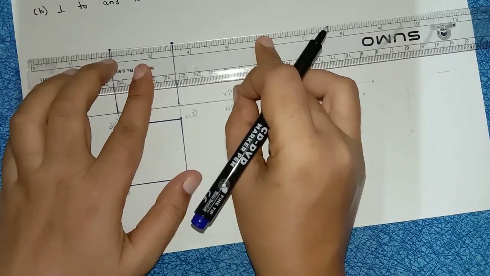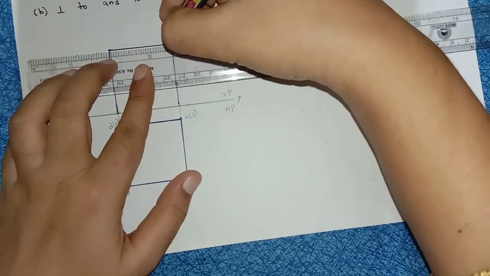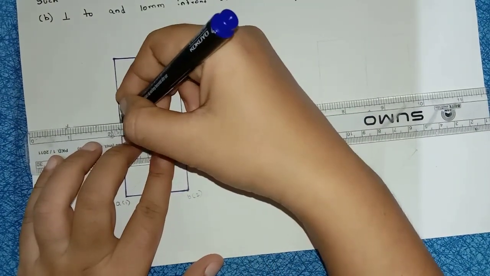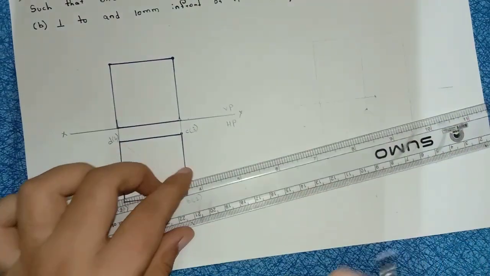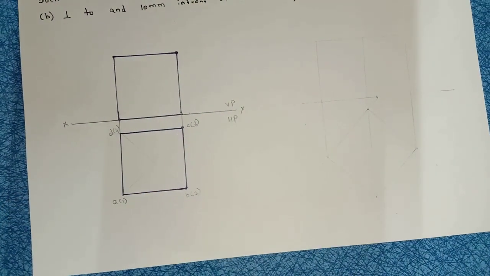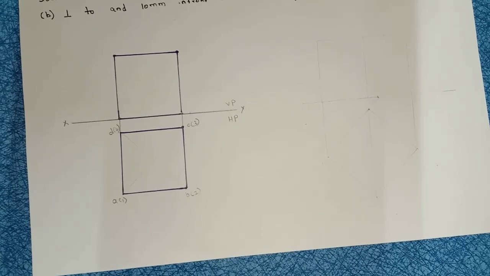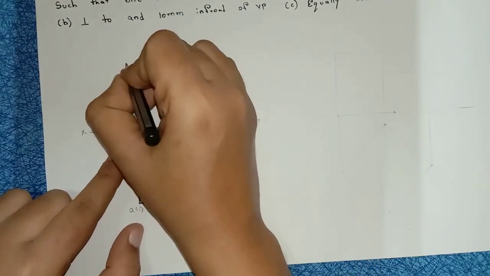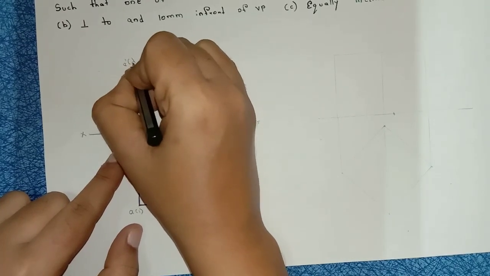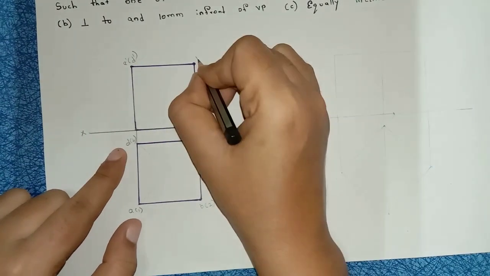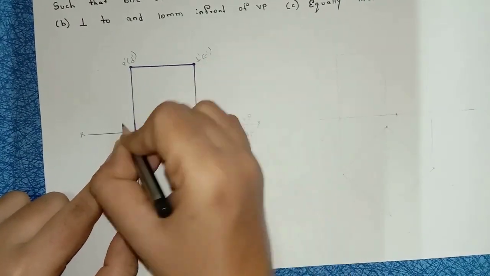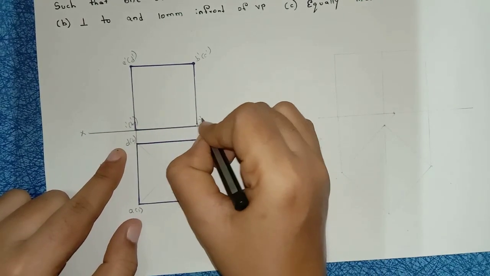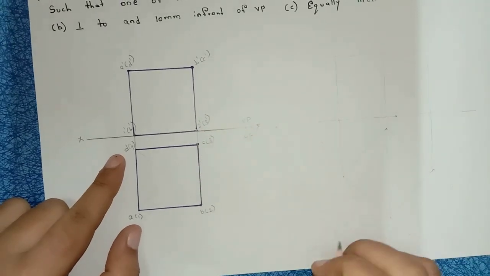It will be 40 mm here and 40 mm there. Now how to mark the points? Starting point is A dash, D dash, B dash, C dash, 1 dash, 4 dash, 2 dash, 3 dash.